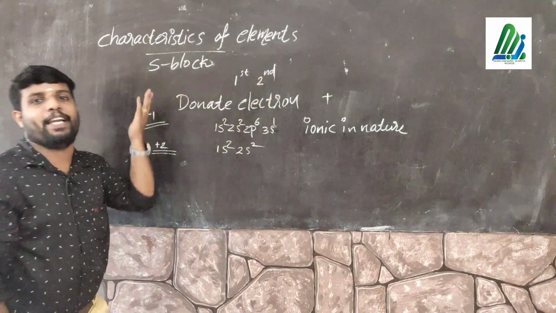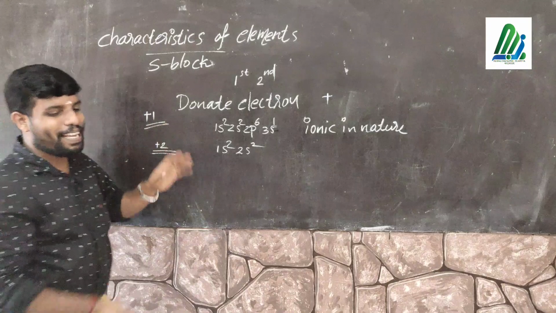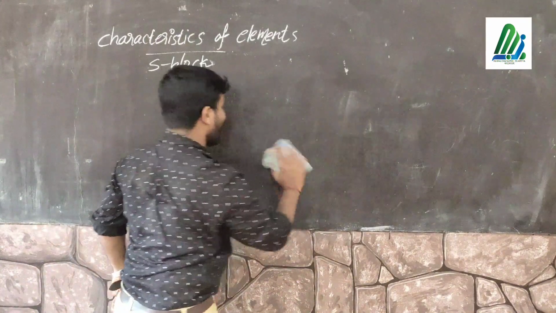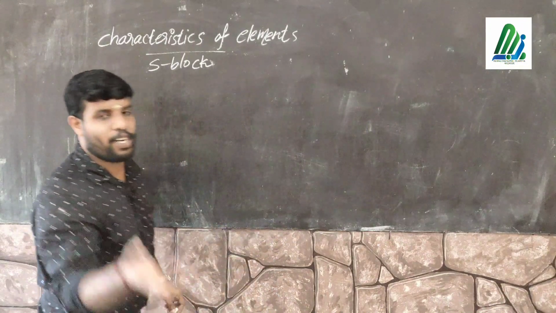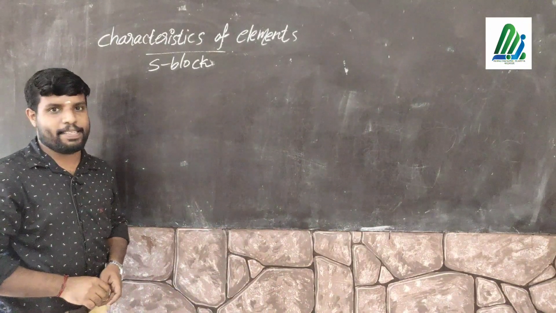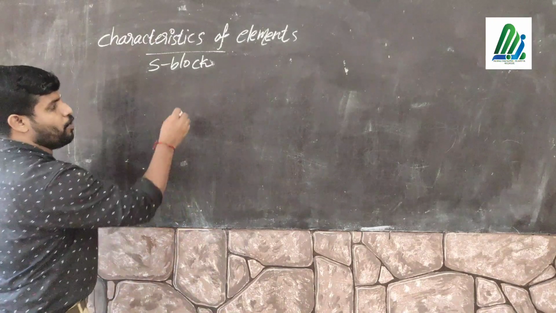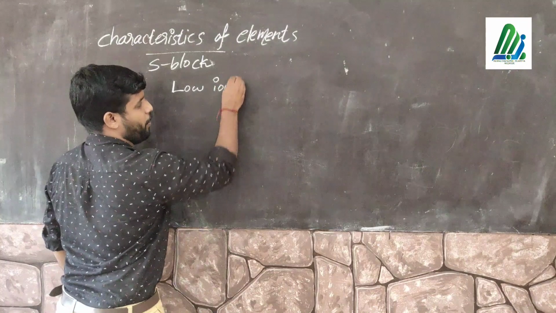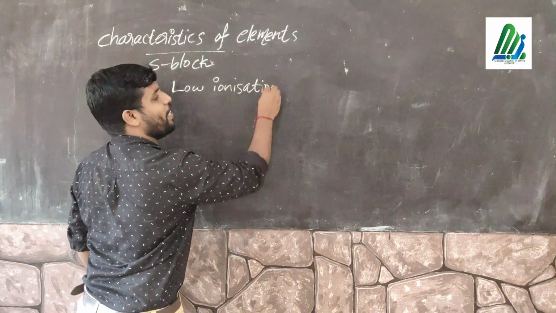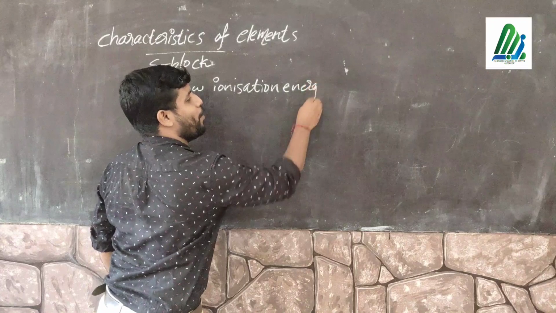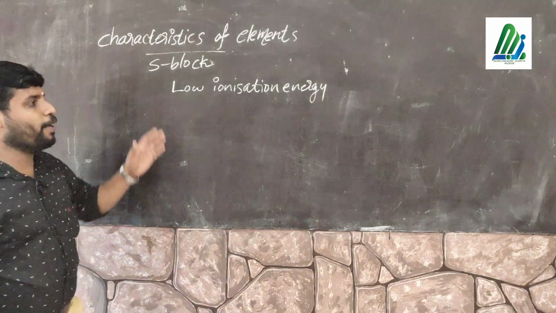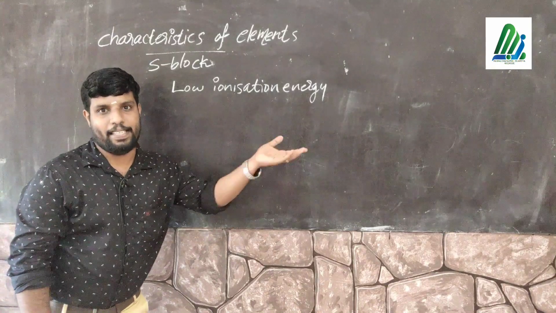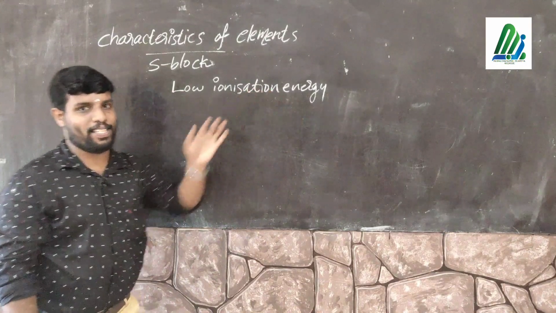Because of the position, they have some more characters that we studied in the periodic table in the 9th standard. First one, they have low ionization energy, because in a periodic table from left to right, ionization energy increases. That's why they have low ionization energy.